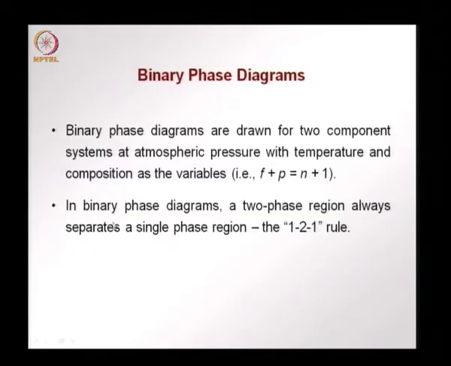Also, we find that in binary phase diagrams, a two phase region always separates a single phase region from another single phase region. That is, between two single phase regions, there will be a region where two phases coexist. This is called the 1-2-1 rule.